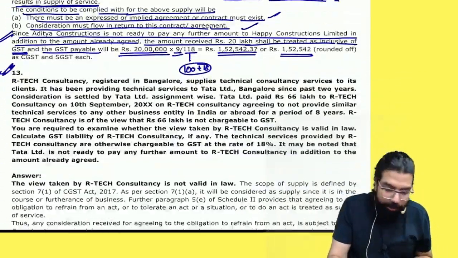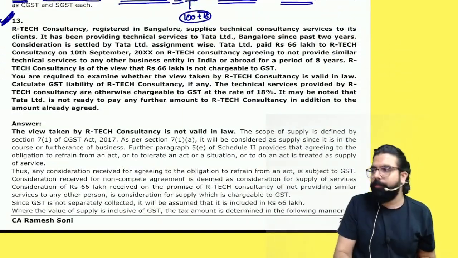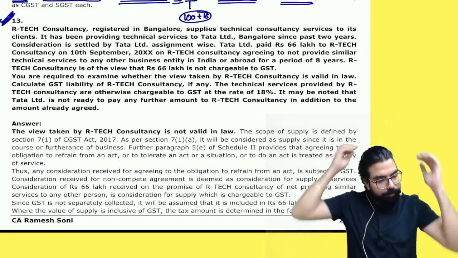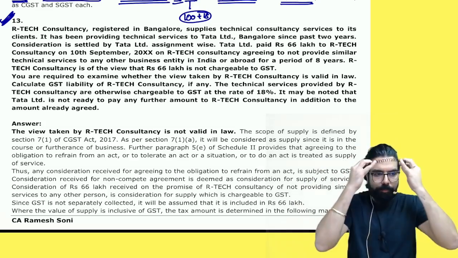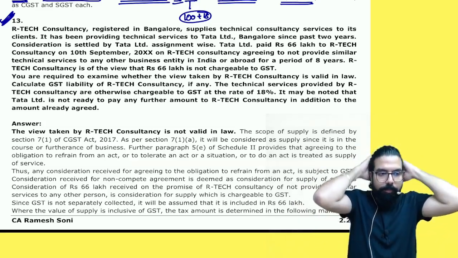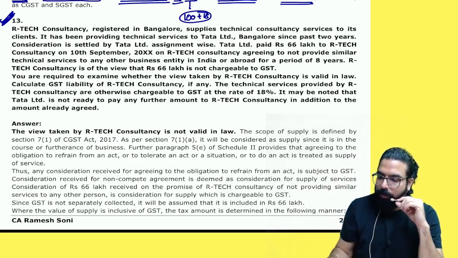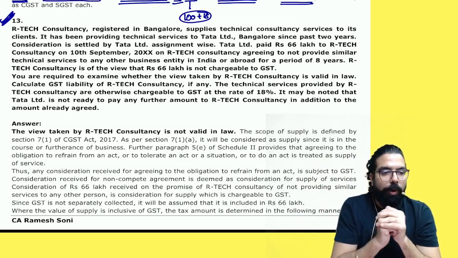Is this point clear? People, shall I explain the question again or got it? Got it? Then do one thing. Try question number 13 now. Do it now.